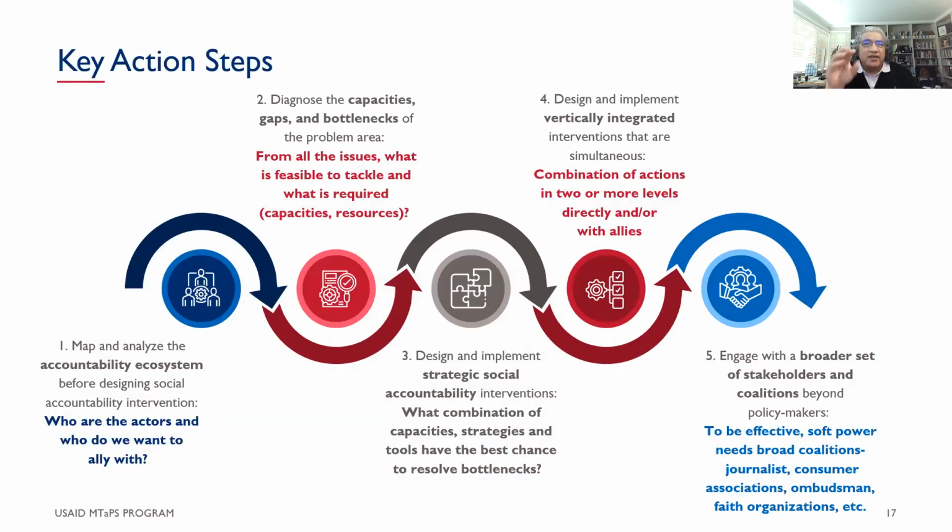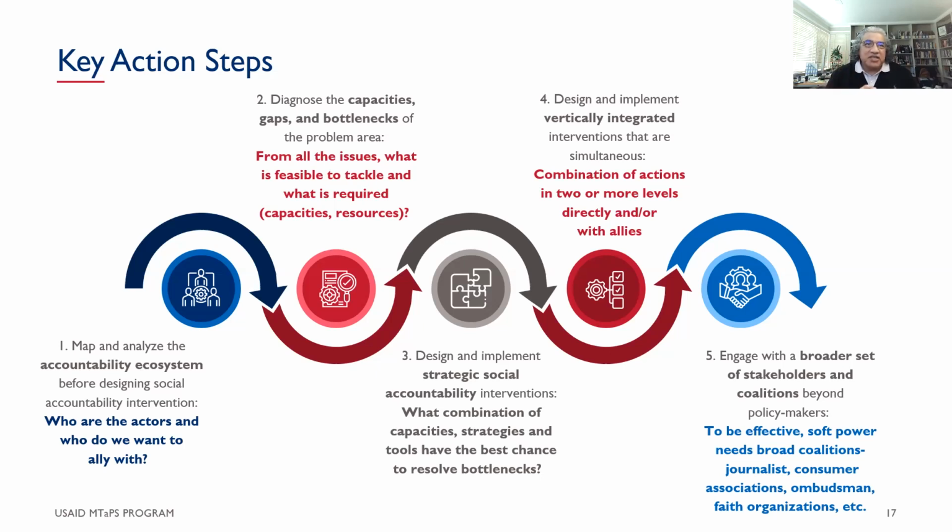And finally, 2 minutes to explain the key action steps. Mapping and analyzing the accountability ecosystem: we want to know who the actors taking the decisions are and who we can align with. Also, as a next step, from all the issues that the country is facing, very clearly we cannot solve all of them, but we want to identify which ones are feasible to tackle and what is required to tackle them.